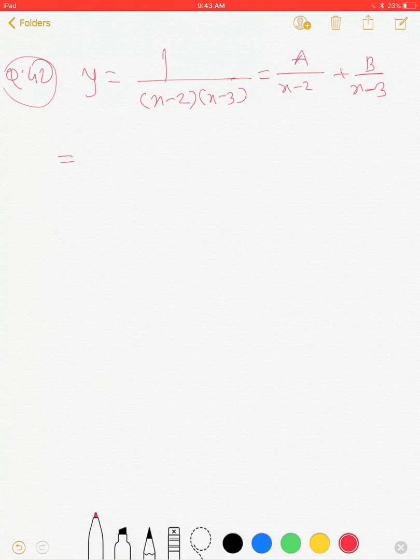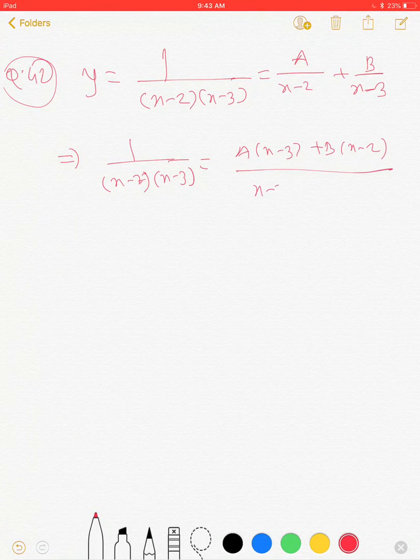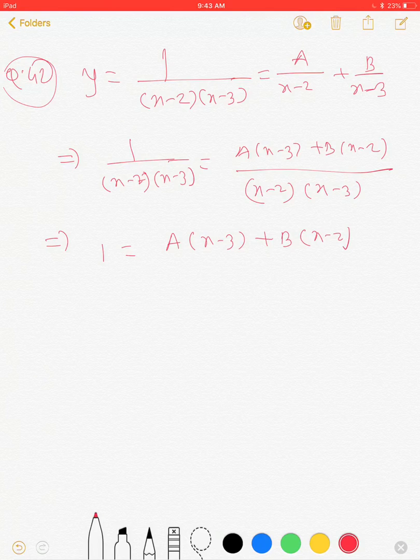So this implies 1 upon x minus 2 into x minus 3 is equal to a into x minus 3 plus b into x minus 2, upon x minus 2 into x minus 3. So this implies 1 is equal to a into x minus 3 plus b into x minus 2, just comparing numerators because our denominator is the same.